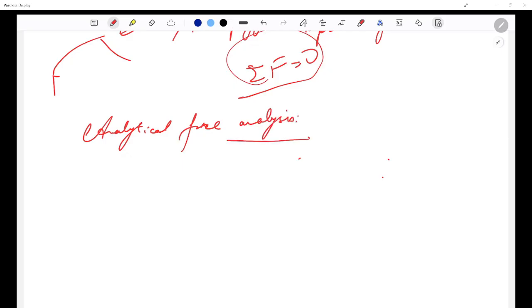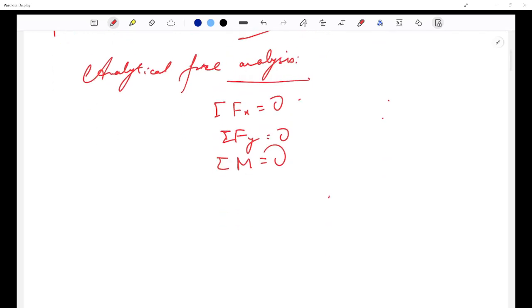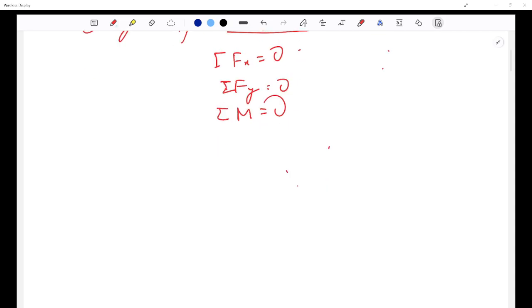Modern analysis uses these equations, and we know that sigma Fx is equal to 0, sigma Fy is equal to 0, and sigma M is equal to 0 for a planar case. So these equations are written for each link. For link i, the combination has to be equal to 0. Okay. So this is what we do now in analytical force analysis.